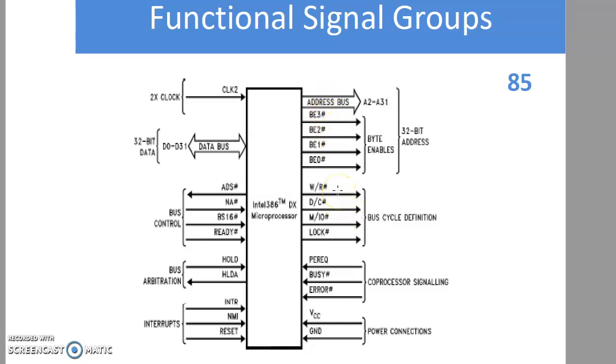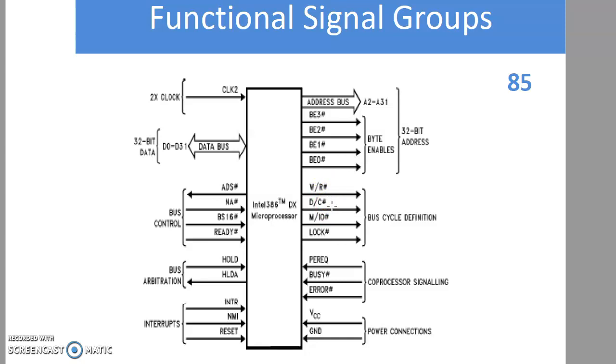Then you have W slash R bar, that is write slash read signal. When W slash R bar is having 1 value, it is a write signal. When W slash R bar is having a 0 value, it represents a read signal. Similarly, you have D slash C bar.